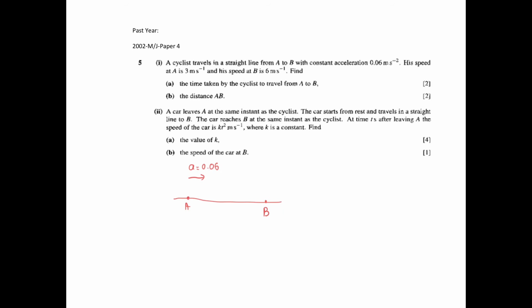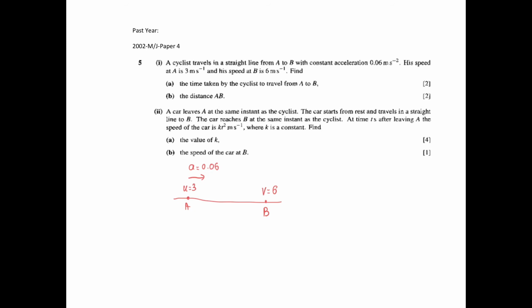When they give you constant acceleration, that means the SUVAT formulas, the five formulas just now, may be applicable. His speed at A is 3 meters per second, so u equal to 3. His speed at B is 6 meters per second, so v equal to 6. Just ignore the units, we just need to make sure they are the same.